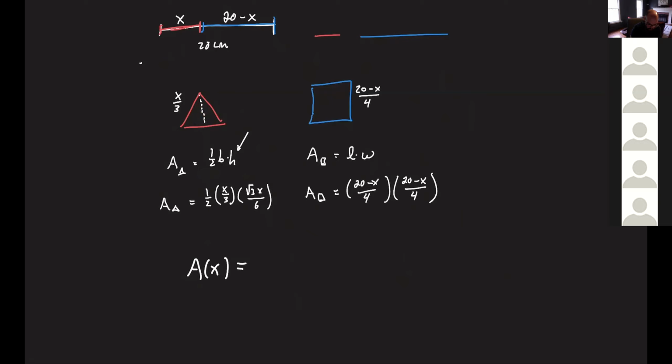Okay, so we have to put all of this together, and it looks like we get the square root of 3 times x squared divided by 36, plus we get this (20 minus x) over 4, squared. Okay, and so this is the function that we would like to optimize, right?